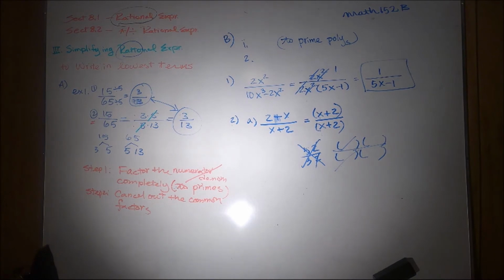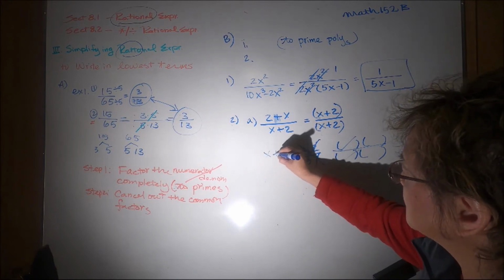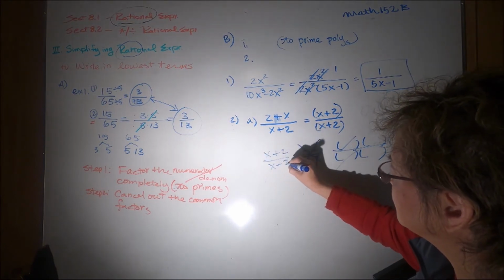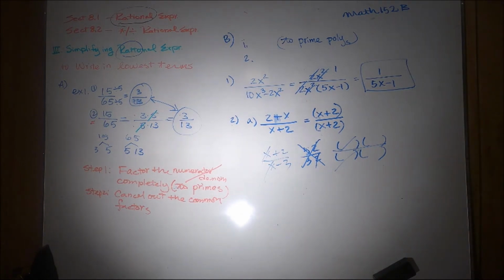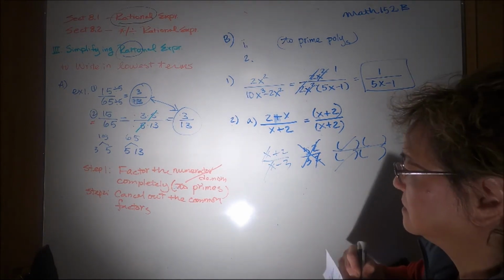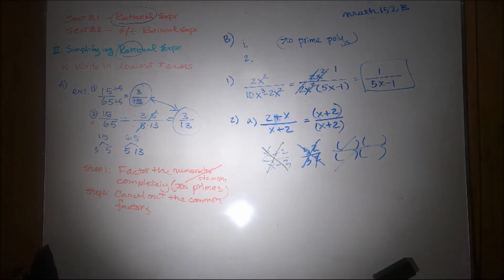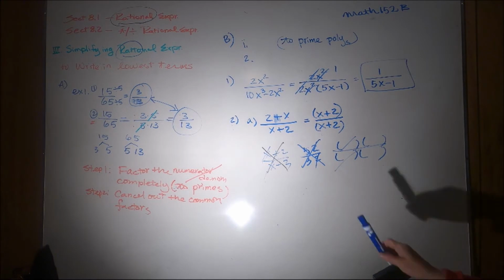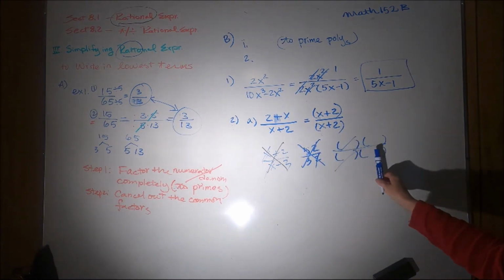Okay? You cannot say, okay, x plus 2, x minus 3, so you cancel out the x. Don't do that, okay? Don't do that. Because you cannot cancel out part of things. You only can cancel out things they are multiplying.